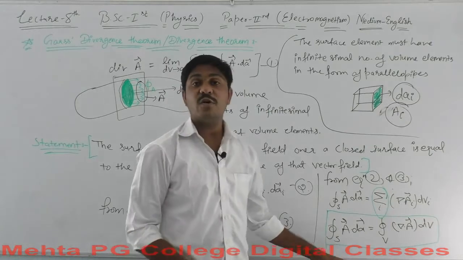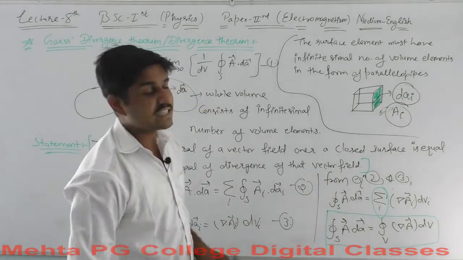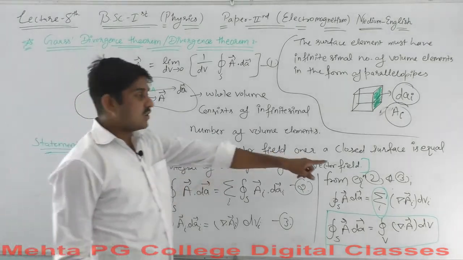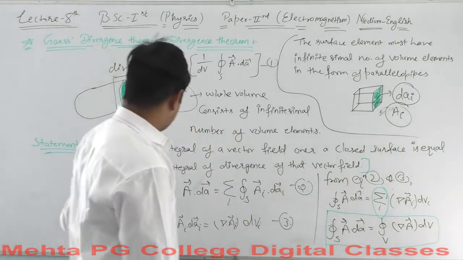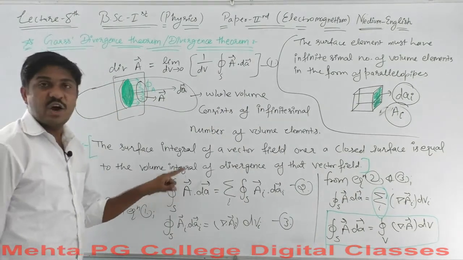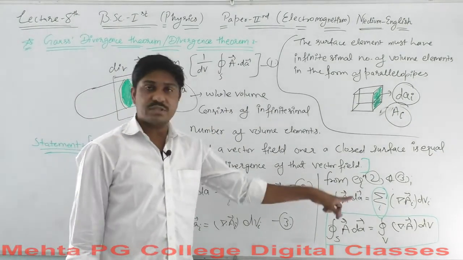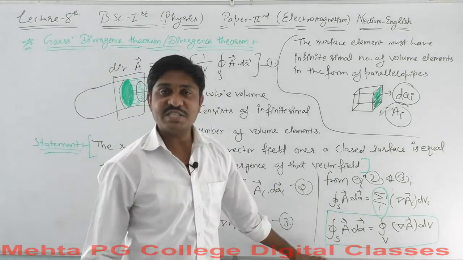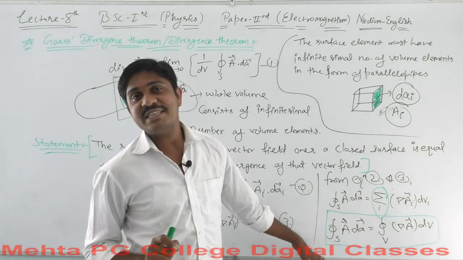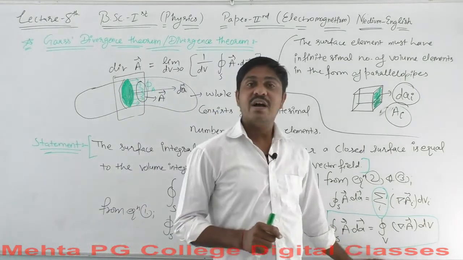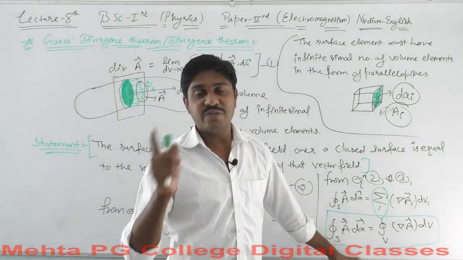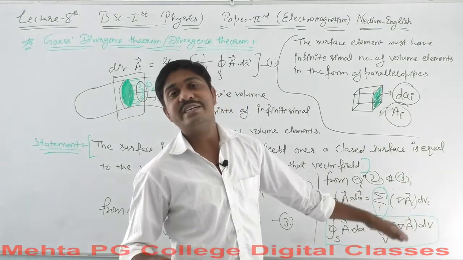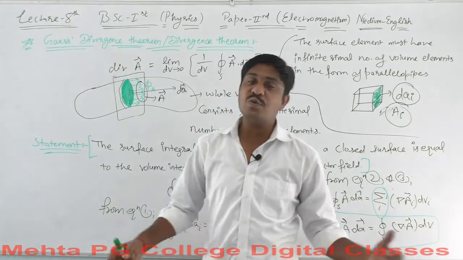This is the mathematical form for the statement which said that the surface integral of a vector field over a closed surface is equal to the volume integral of the divergence of that vector field. So this is what we were supposed to prove.